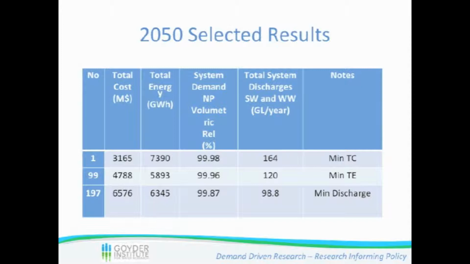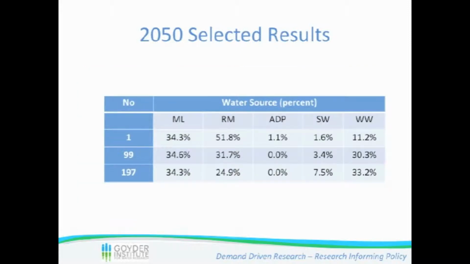If we go to 2050, similar figures with the graphs, and if we look at the results here, there's a similar pattern. If you want to reduce the discharge to the Gulf, obviously there's greater cost involved to implement the wastewater and stormwater schemes. So there's a trade-off there. And what's the mix if we're looking at 2050? Now bear in mind this takes into account some climate change. As I mentioned, a 24% reduction in runoff in the Mount Lofty Ranges.